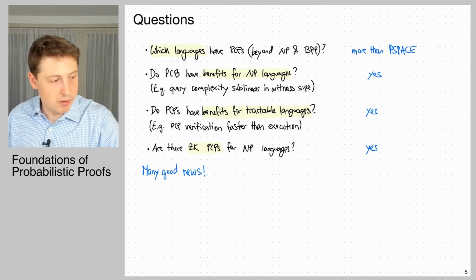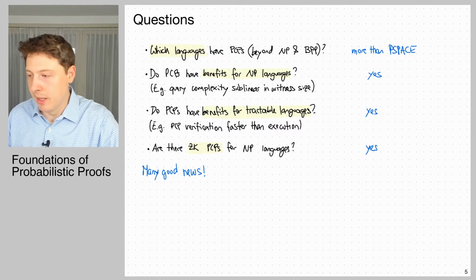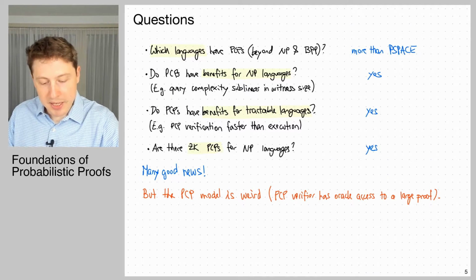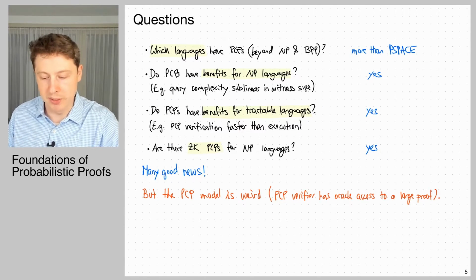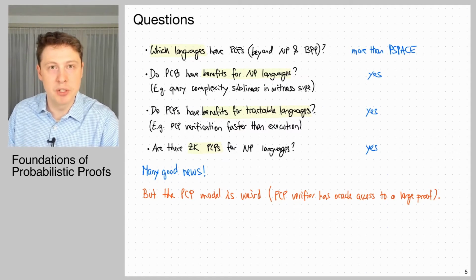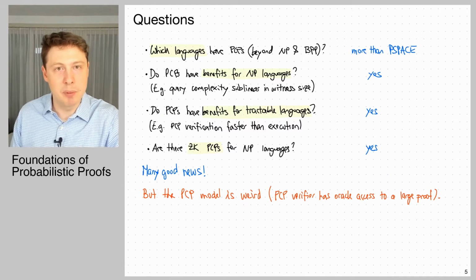But there should also be something a little bit problematic about this good news. In some sense, the PCP model is simultaneously very natural, but also weird, right? This PCP verifier has oracle access to a large proof, which is not necessarily a realistic capability of a verifier.